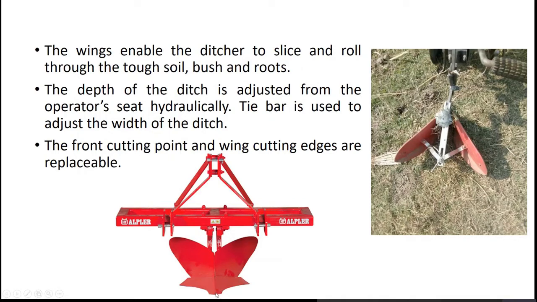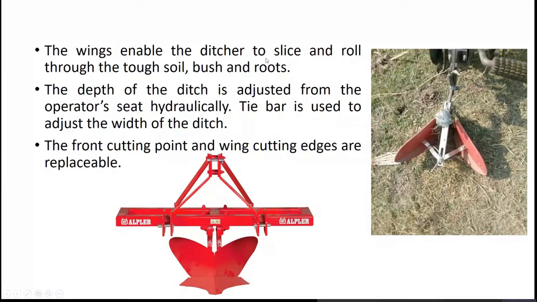Because of that angle, suction is created. Because when we attack at an angle, the ease of penetration is high, is it not? So these are your two moldboard wings. These are your cutting edges, and this is your cutting point. This portion will first attack the soil.